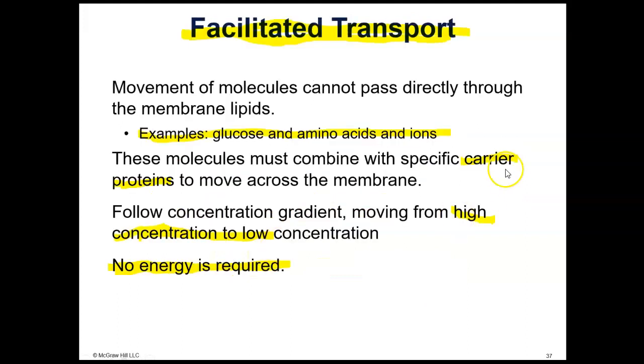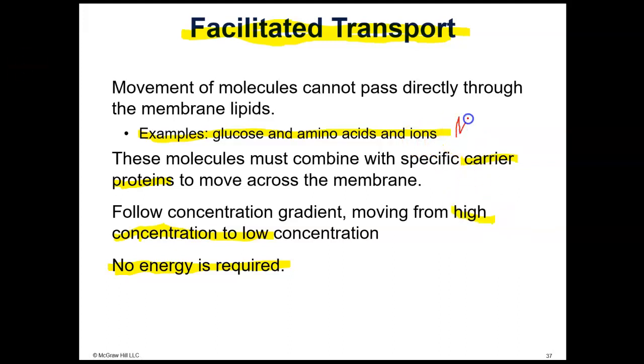Okay, so facilitated transport is diffusion that occurs through a carrier or channel protein. Glucose, which is a simple sugar, is the sugar we call blood sugar because it's found in our blood. Also amino acids and ions like sodium and potassium ions that have a charge.